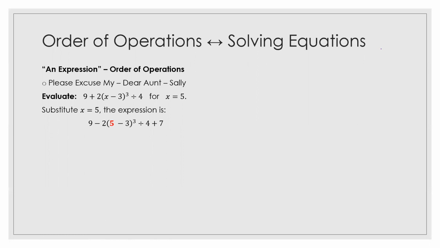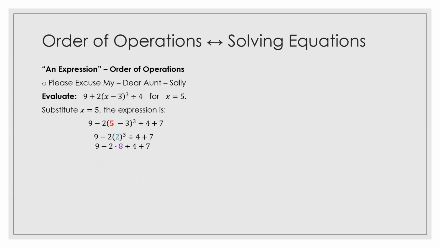Parentheses: we go into the parentheses, and 5 minus 3 is 2. And then exponent is next. 2 to the third power is going to give you 8. Then at this step, you have multiply, divide, add, or subtract. So multiplication or division from left to right.